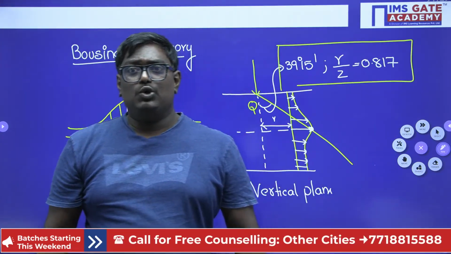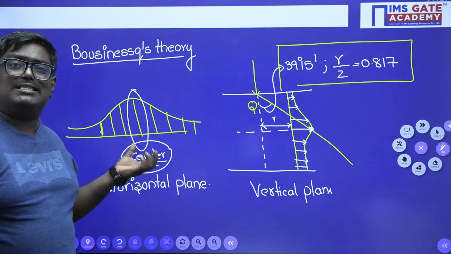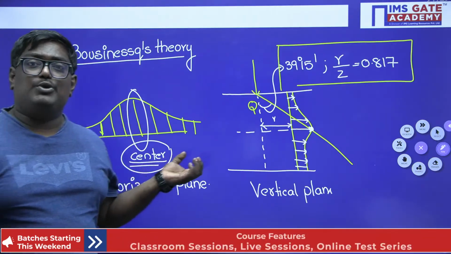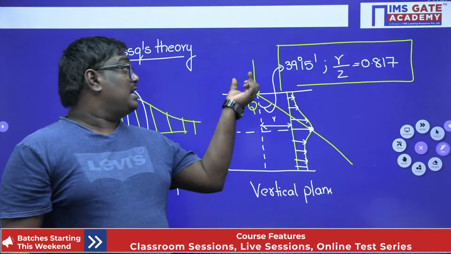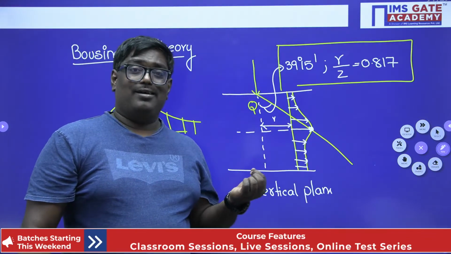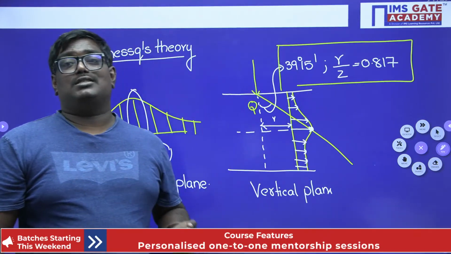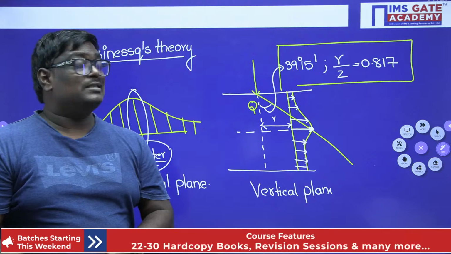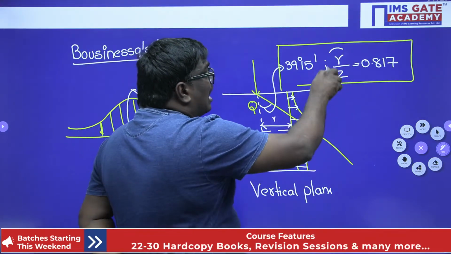Sir, these are very, very important values you have to remember. You have told already that the vertical stress is maximum in a horizontal plane at the center, and the stress is going to distribute horizontally. But what I would like to tell you here is, if you talk about a vertical plane, the angle at which the stress is maximum is beta equal to 39 degrees 15 minutes, and we have the value of r by z.